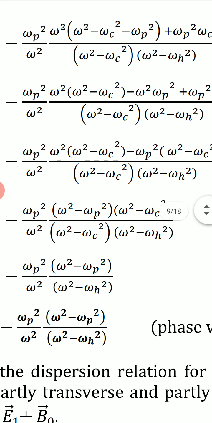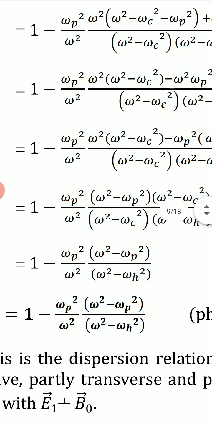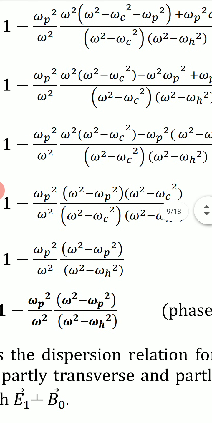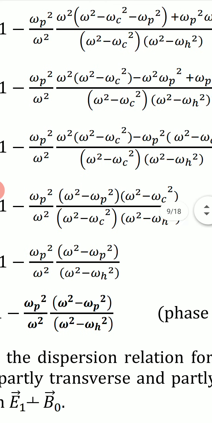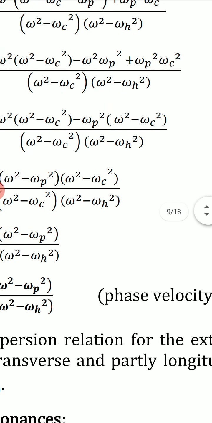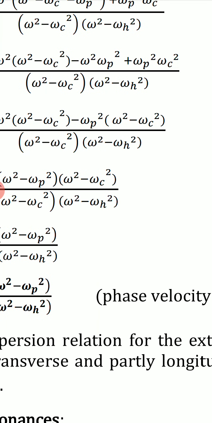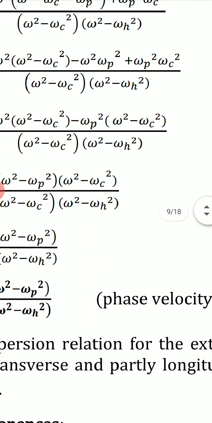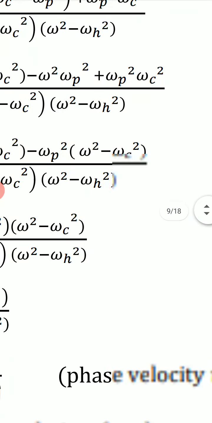And then we write it as equal to 1 minus omega p square upon omega square into omega square into omega square minus omega c square minus, then in numerator in these two terms we write omega p square common, so that minus omega p square common, so we have omega square minus omega c square with it.